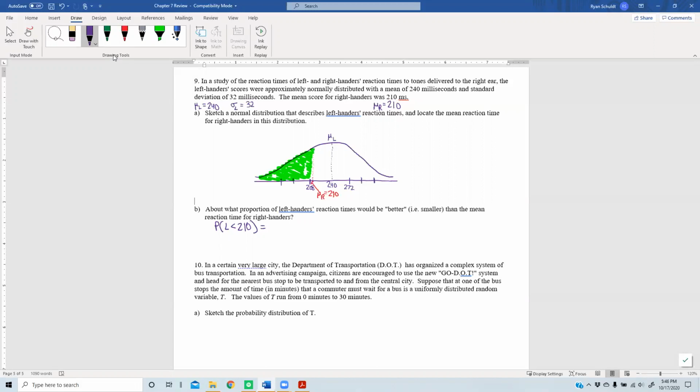Okay, well, to do this, we need to standardize: the probability that Z is less than (210 minus 240) over 32. Which means we want the probability that Z is less than, to 2 decimal places, since that's all our table gives us, negative 0.94.